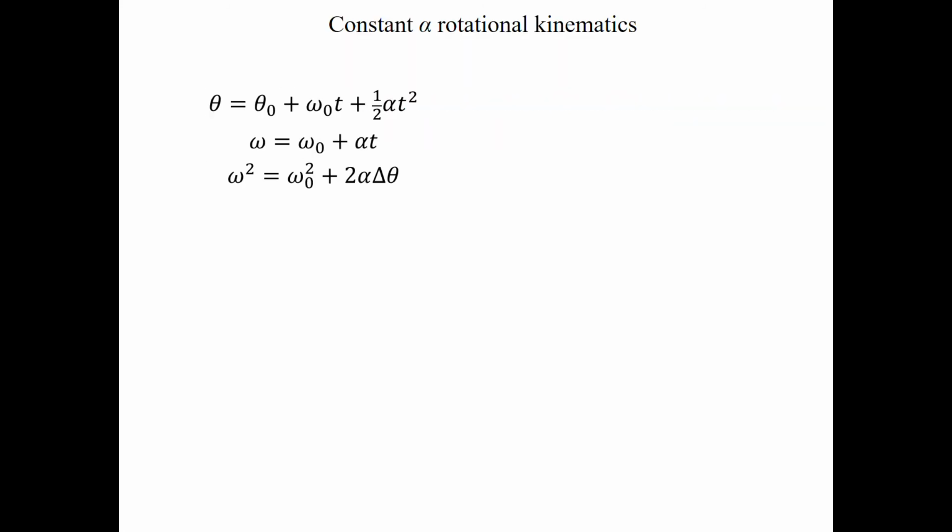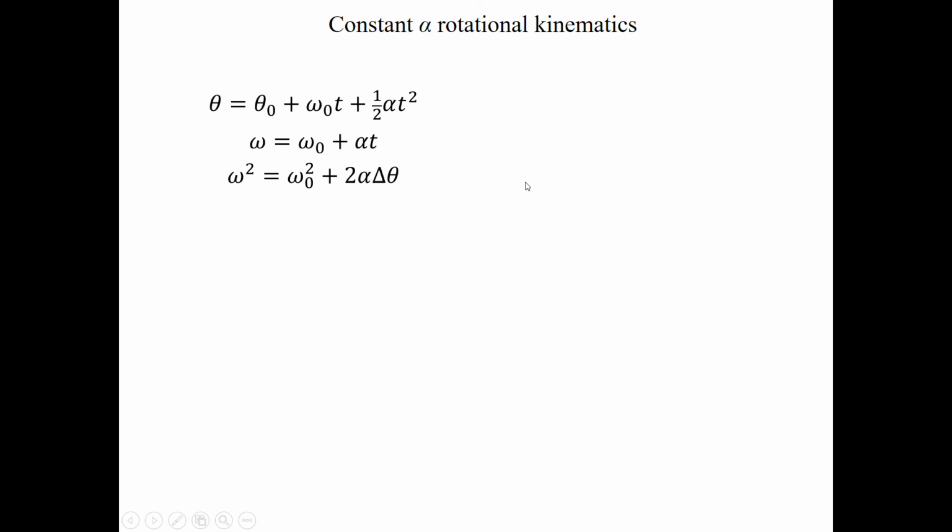Finally, let's talk about constant alpha rotational kinematics, which is very, very similar to constant acceleration linear kinematics. In other words, we assume the relationship between theta and omega and alpha is exactly the same as the relationship between x and vx and ax.